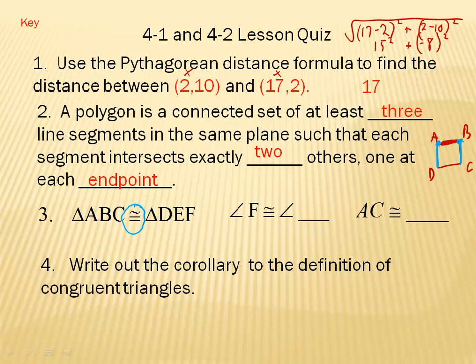So as a result, the congruent statement matches corresponding vertices. So I don't have a picture here, but I know that angle A corresponds to angle D, and I know that angle B corresponds to angle E because they're both listed second, because it matches up the corresponding vertices, and C and F are corresponding.